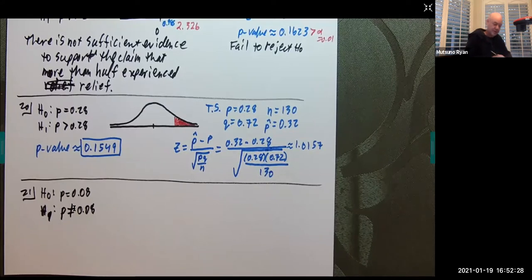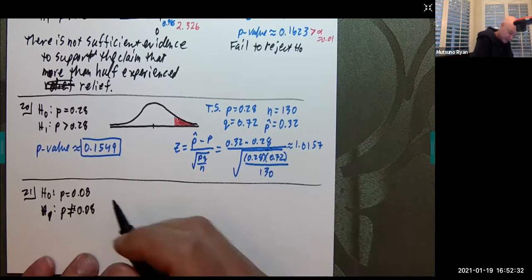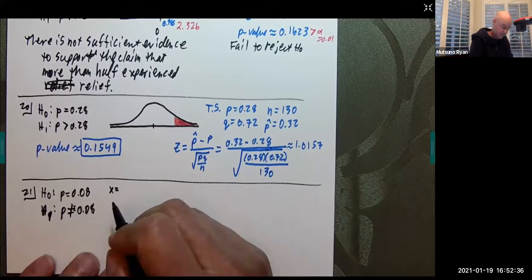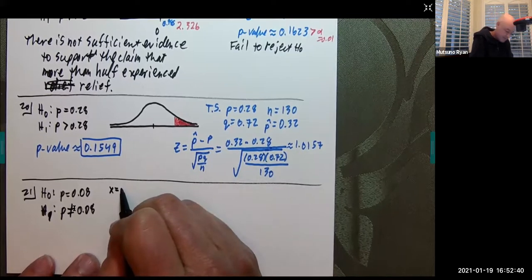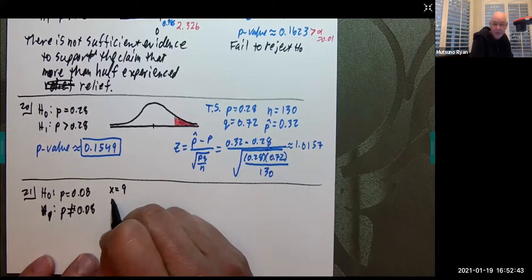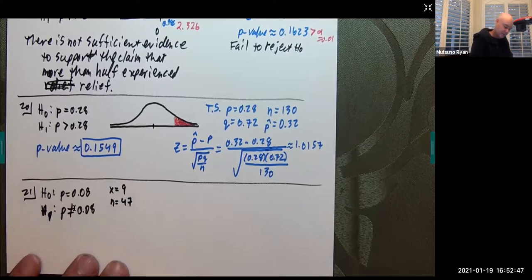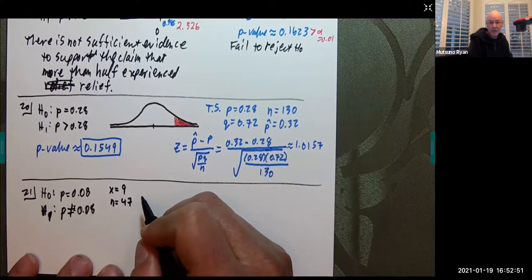All right. So we are going to have to be clear, this one very nicely, they gave us the X, so we can run the test. We don't have to do it manually like we did here. X was 9. N was 47. And yeah, I think that's all we need.